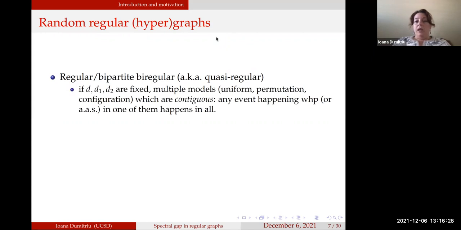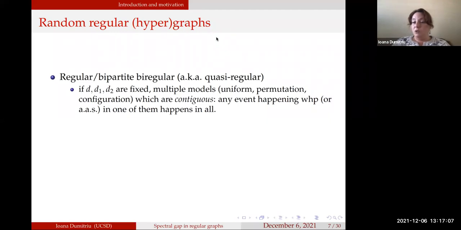Now, if the parameter is d, which is the degree of a regular graph, or d1 and d2, which represent the degrees of the two classes in a bipartite biregular graph, are fixed, then in practice, people work with multiple models for these graphs. The most desirable one, I suppose, is the uniform one, because this one just says, take one example, sample uniformly from the set of graphs with these properties and with fixed parameters, and then look at the properties of that object.